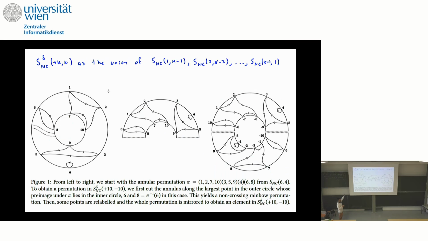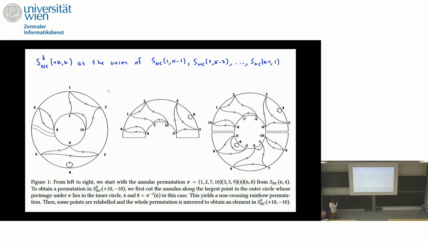Okay, this is a nice picture. Essentially, it says that the symmetric annular permutations capture copies of all non-crossing annular permutations. If I consider the size of the symmetric one as k, then this is just the union of S_NC(1, k-1). Jamie and I have a very specific bijection for this.